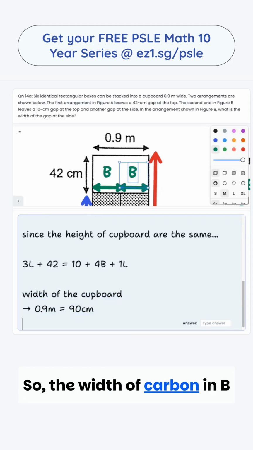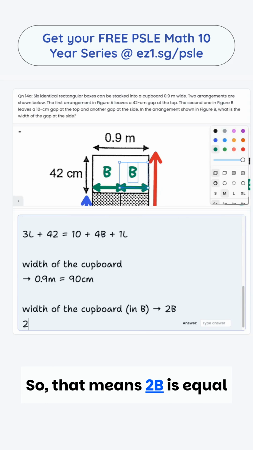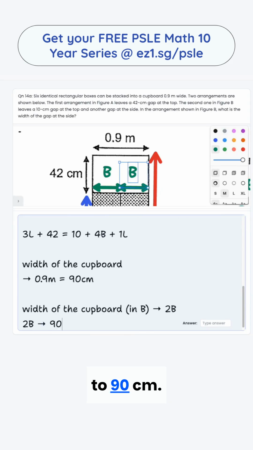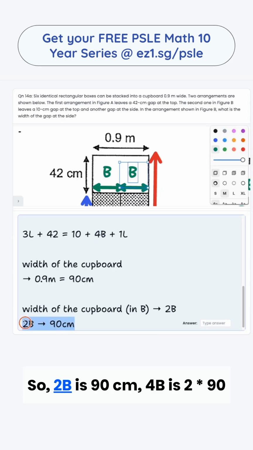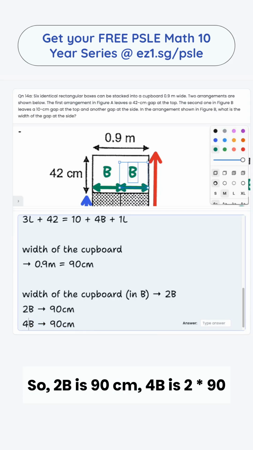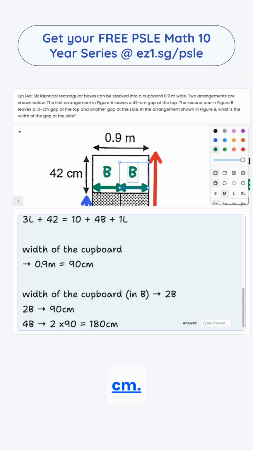So 2B is equal to 90 centimeters. We also have 4B over here. So if 2B is 90 centimeters, 4B is 2 times 90 centimeters, which will equal 180 centimeters.